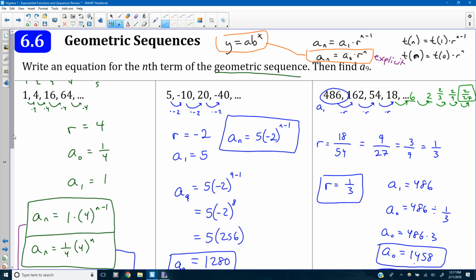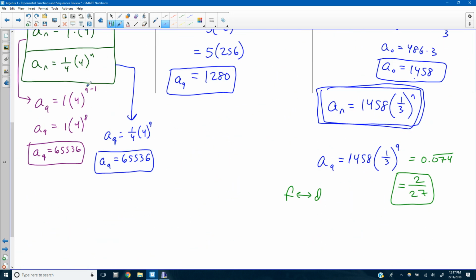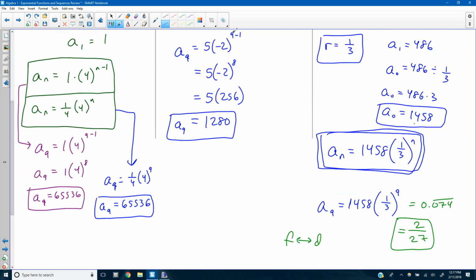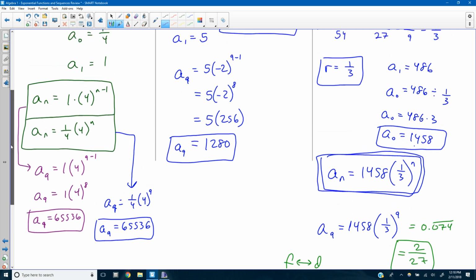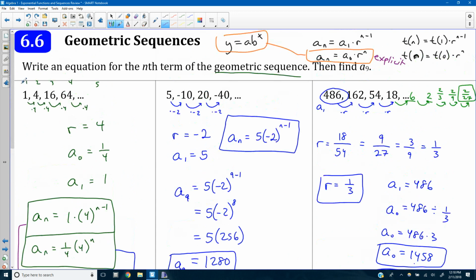I use the number 9 in my equations here. I'm using my term position to actually calculate my value. That's what an explicit formula is. A recursive formula uses the previous y value to get the next one.